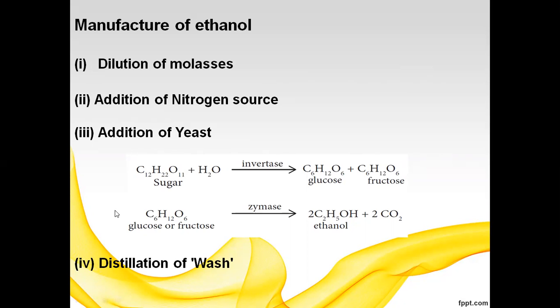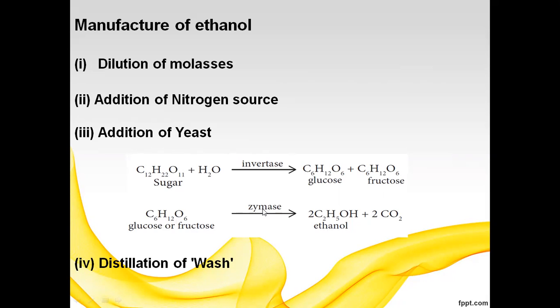Okay, so sugar C12H22O11 plus H2O, with invertase, is converted into glucose and fructose. Next, the glucose and fructose, C6H12O6, is converted into ethanol.